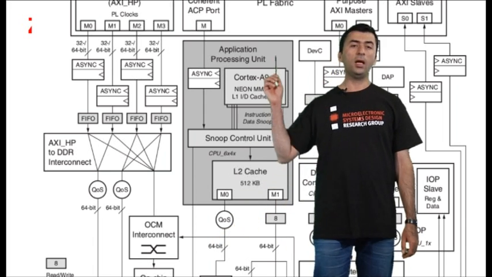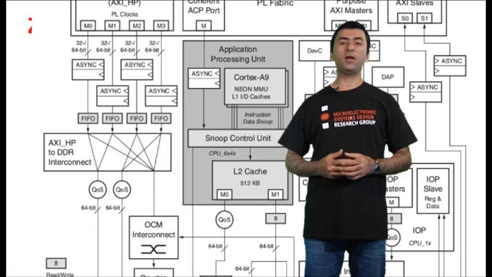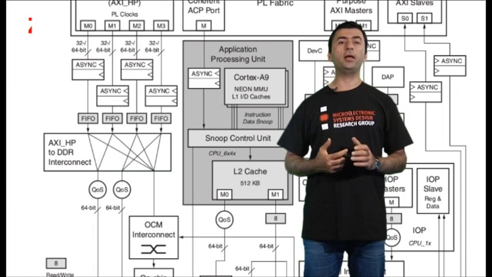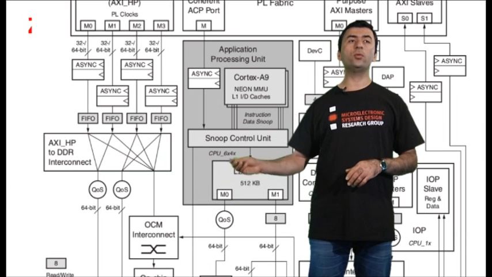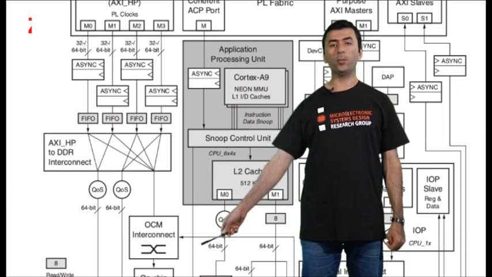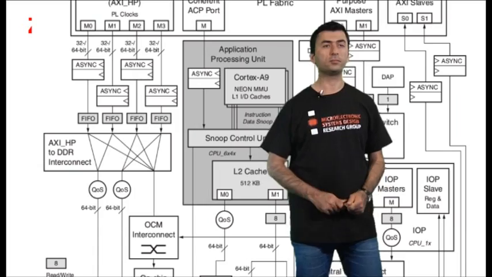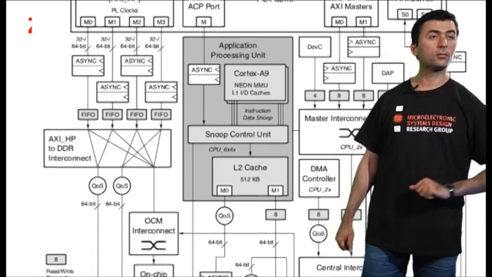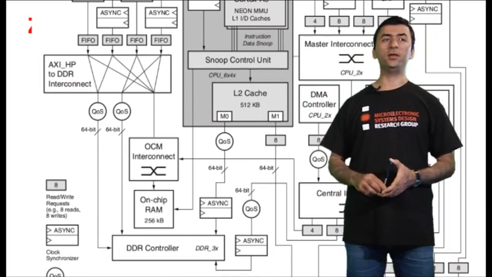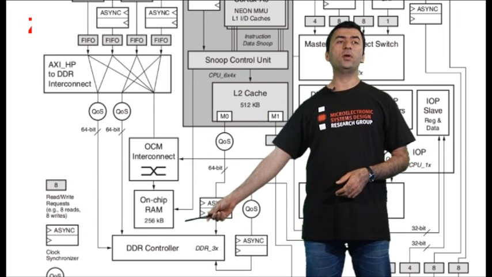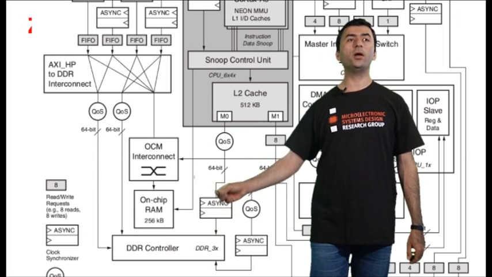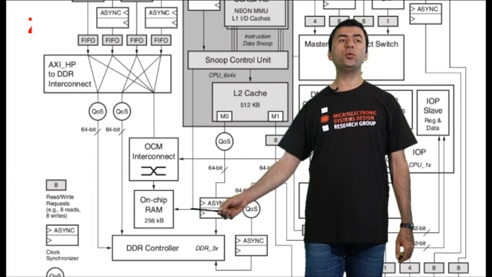So, the AXI master that we have implemented on the PL and is connected to the ACP port can, through the Snoop control unit, go to the on-chip memory. If we follow, we can see this fact. Here, we have the Snoop control unit, we have the on-chip RAM, in fact 256 kilobytes, and it has two ports.